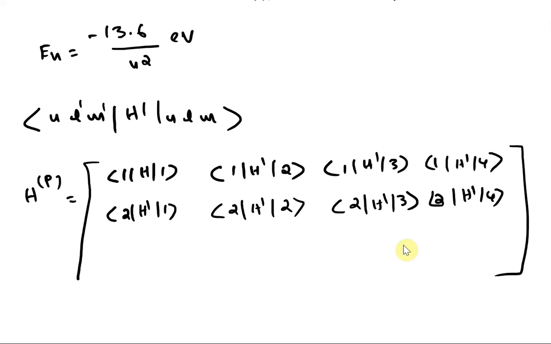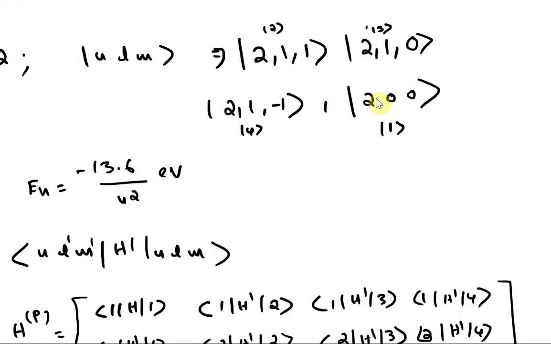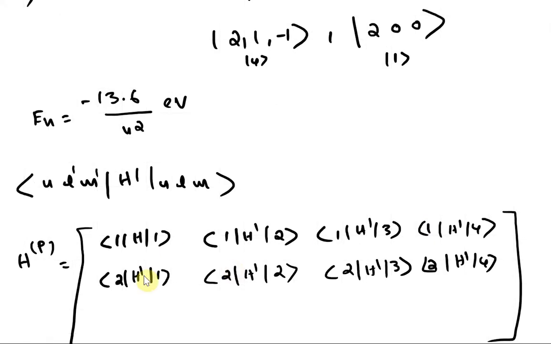And the next part is to find out the elements corresponding to these quantities. This is going to be an exercise for you. Find out all these elements. We have already found out what this state 1, or this 200, corresponds to in the functional form. So you can put that in the functional form in the equation and find out the value.